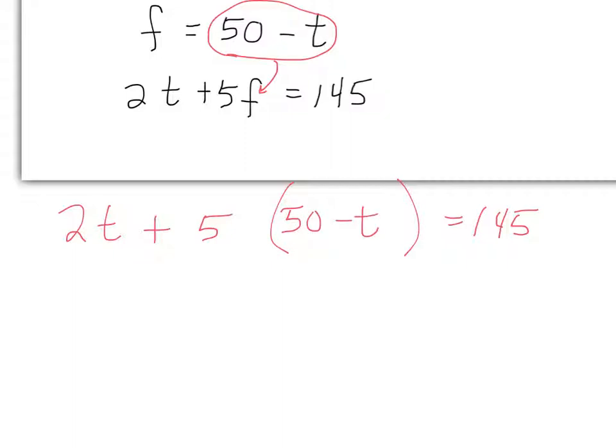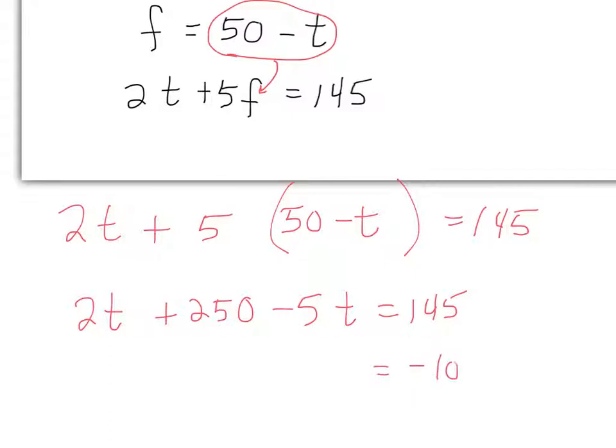All right, so again, we take the value of f, the expression that represents f, which is 50 minus t, and plug it in for f in the second equation. So again, it's substitution method. So we complete this by distributing. Subtract the 250 from both sides, giving us negative 105.